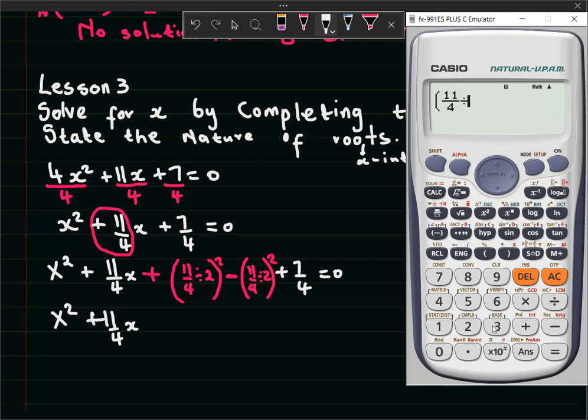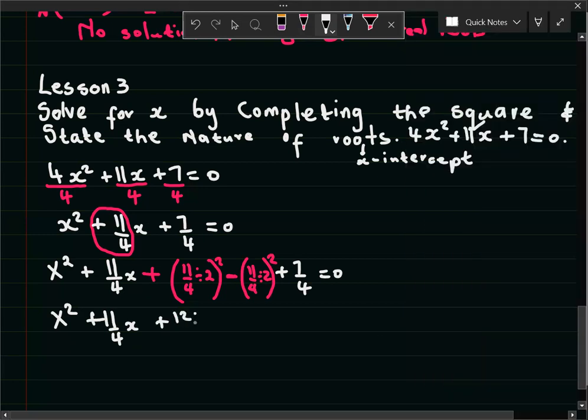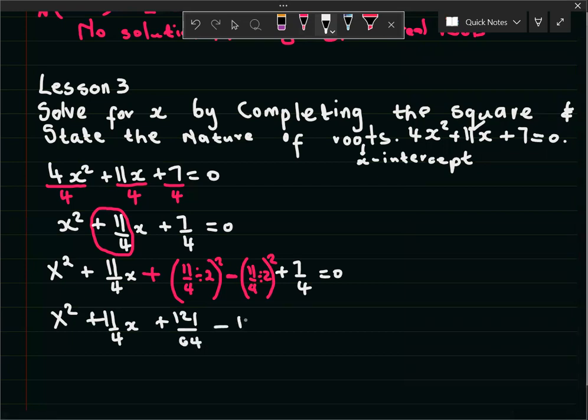Then remember, you always divide b by 2, then you close your square. So that gives us 121 over 64. So you're going to say plus 121 over 64, then minus 121 over 64 plus 7 over 4 equals 0.